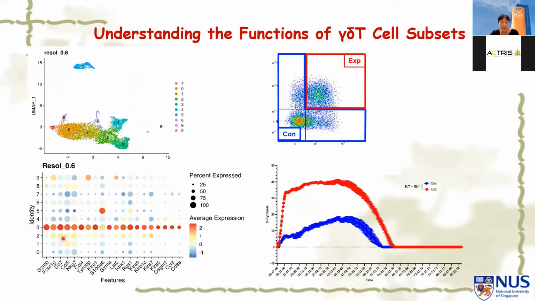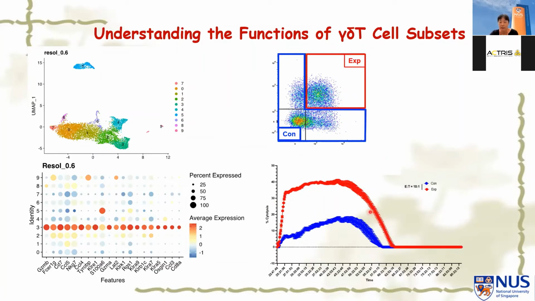So we did this, and then we actually found a cluster of cells have a very high cytotoxic molecule expression, including granzyme B. Out of all the clusters, you see this one is bigger, and this one has a reddish color. So we now have markers to isolate this population. We actually compared the killing capacity.